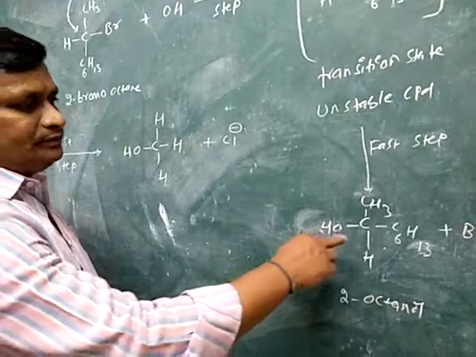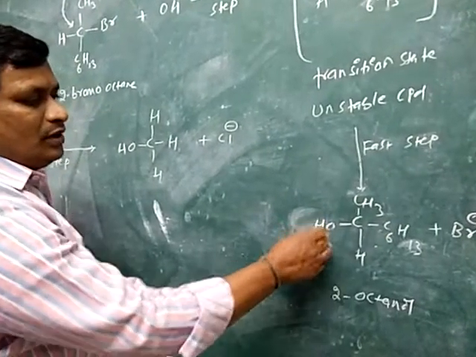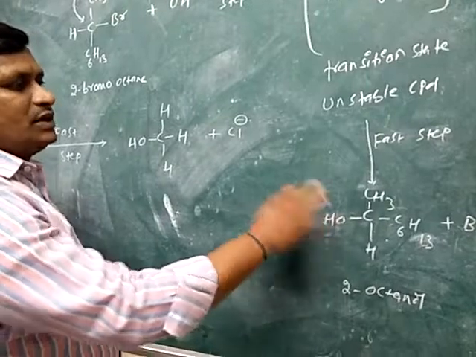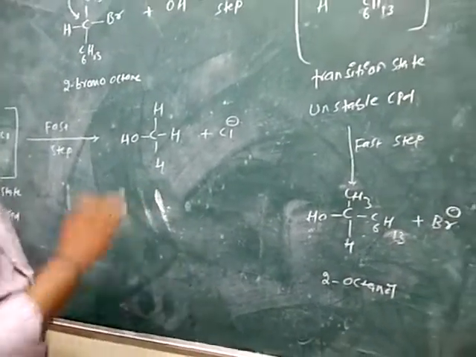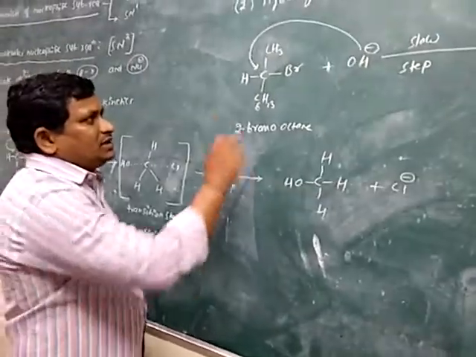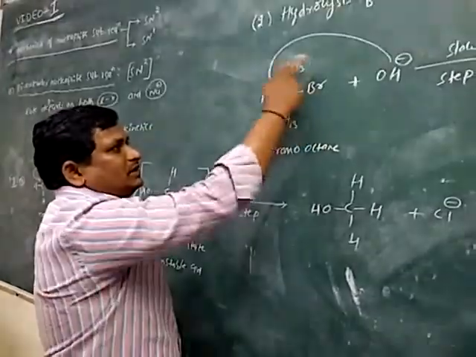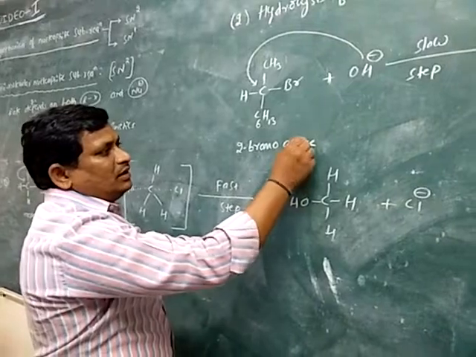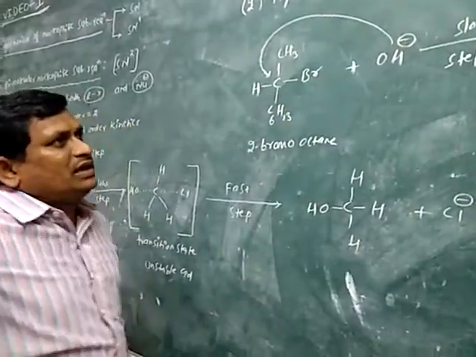In this mechanism, the halogen Br is substituted by the nucleophile OH. So it is a nucleophilic substitution reaction, and the rate depends on both the alkyl halide, 2-bromooctane, and the nucleophile, OH minus.